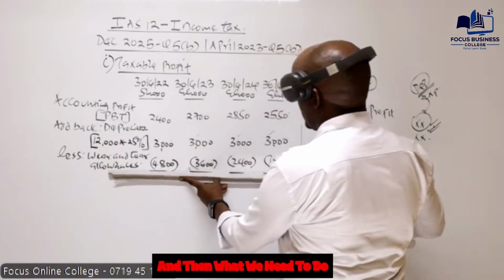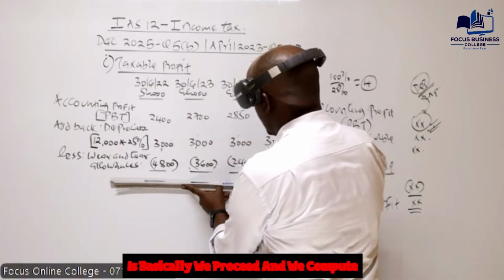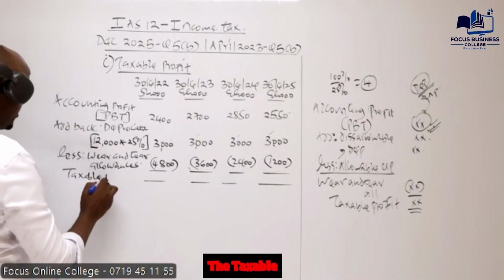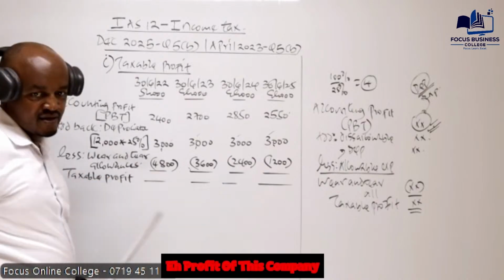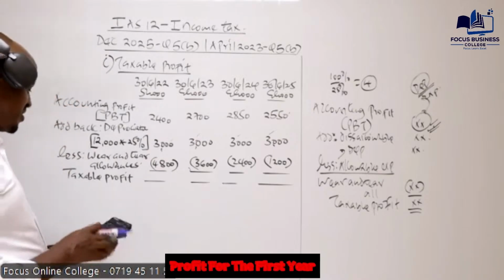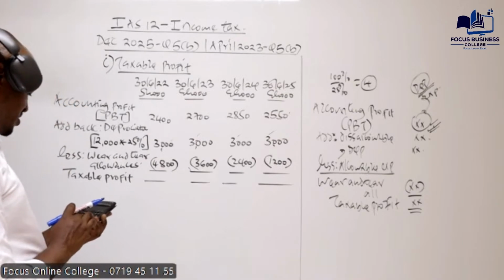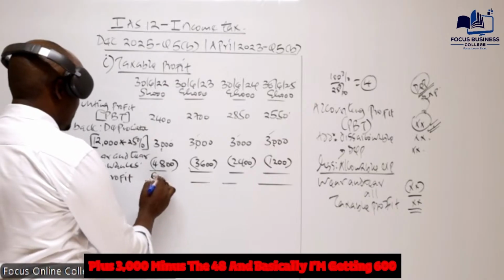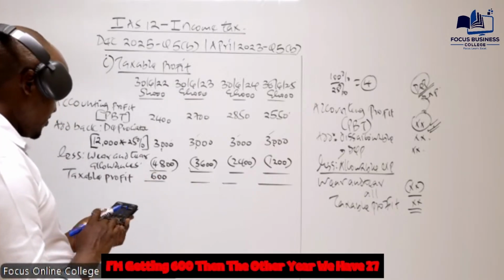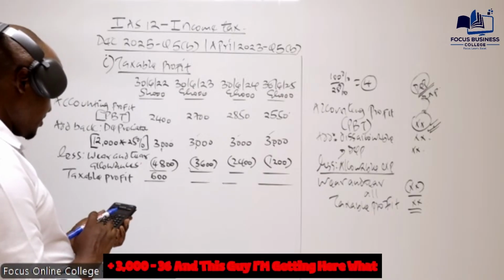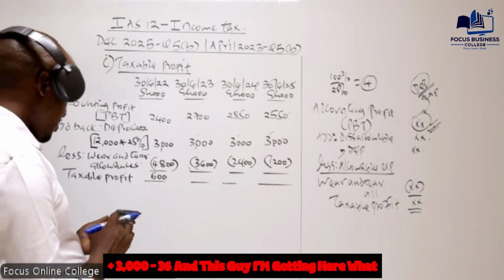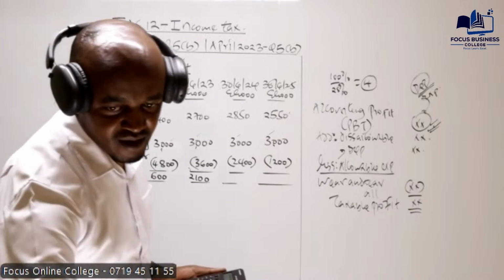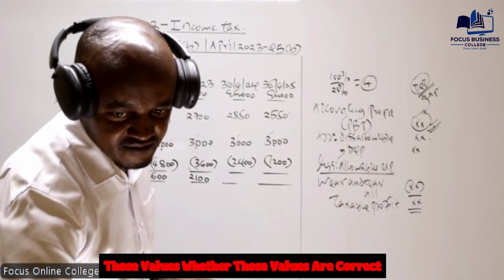And then we proceed and compute the taxable profit of this company. So how much will be the taxable profit for the first year? For the first year, we have 2,400 plus 3,000 minus 4,800, and basically I'm getting 600. Then the other year, we have 2,700 plus 3,000 minus 3,600, and basically I'm getting 2,100.